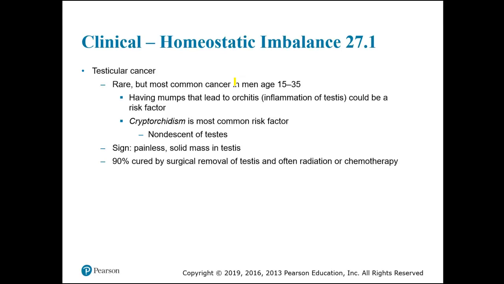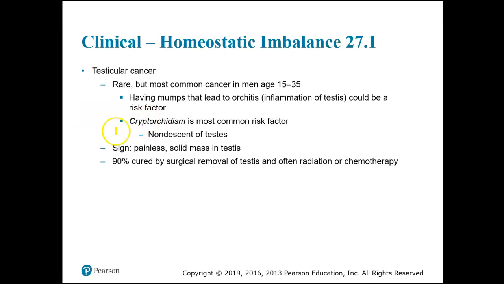In the clinical note, the homeostatic imbalance 27.1 is the note about testicular cancer, which is rare, but it's the most common cancer in men from ages 15 to 35. A risk factor could be having mumps that lead to orchitis, inflammation of the testis.